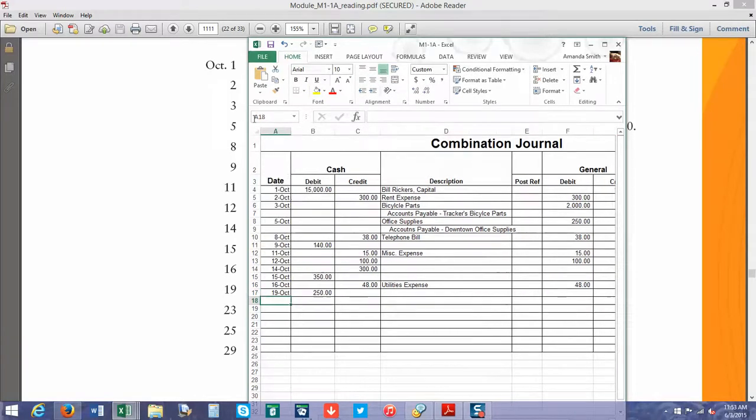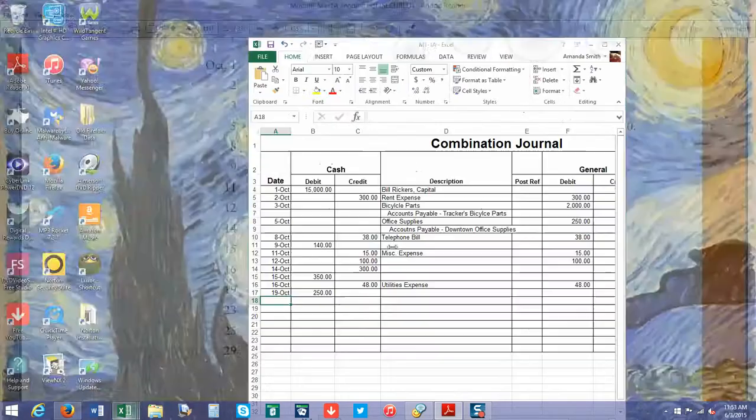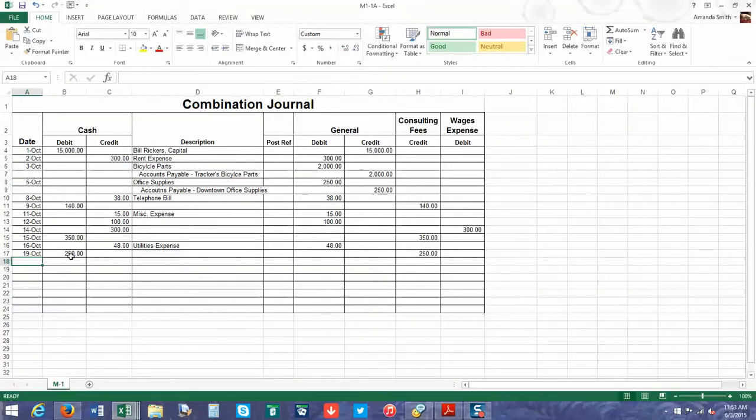And then on the 23rd is when he withdrew money, $50. So the 23rd of October, $50. Bill Ricker, drawing, $50.